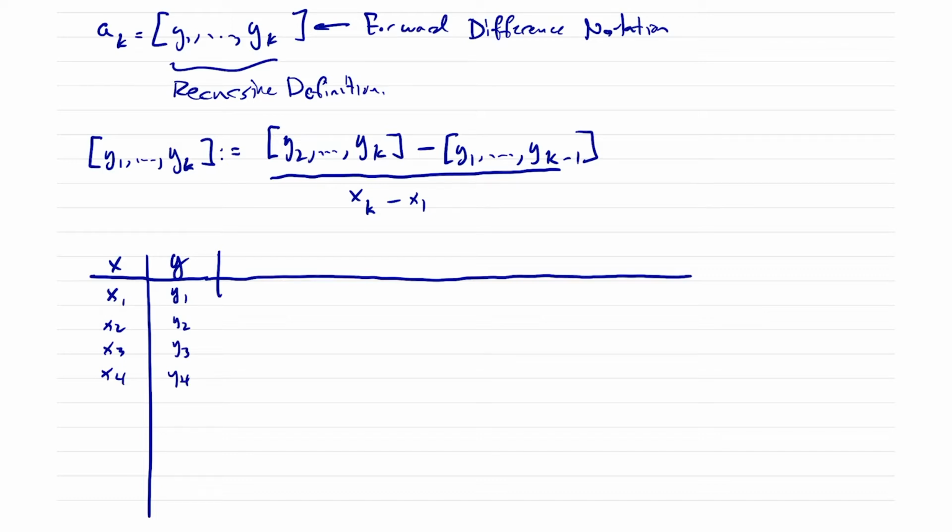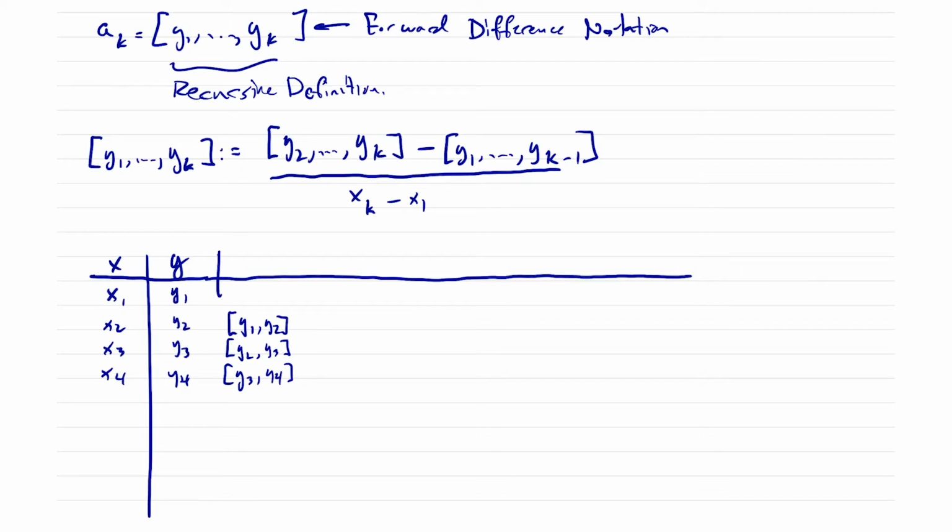All right, now ultimately what I'm looking for is I'm looking for the term y1, y2 here. And I am looking for the term y2, y3 here. And I'm looking for the term y3, y4 here.